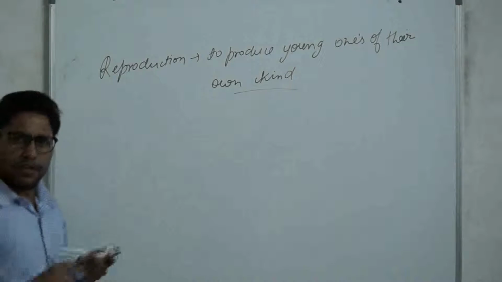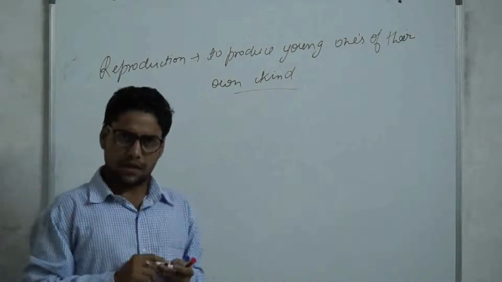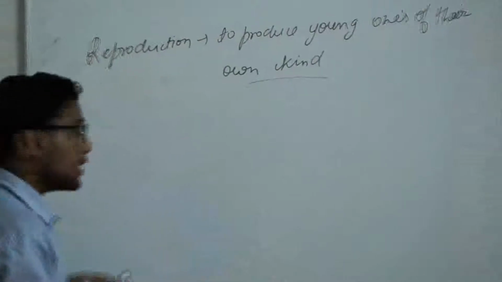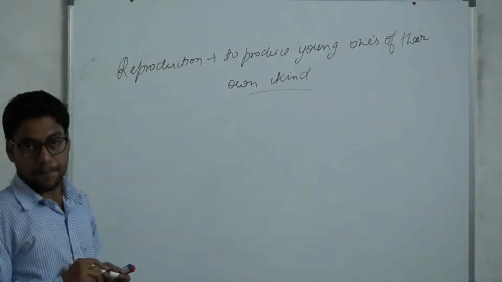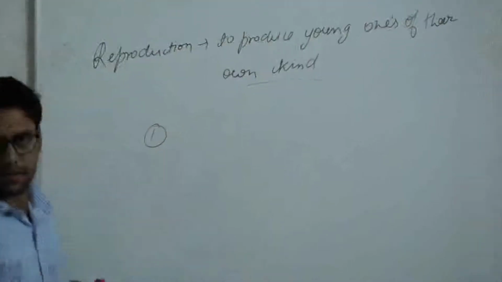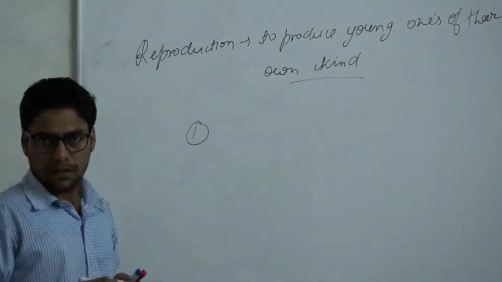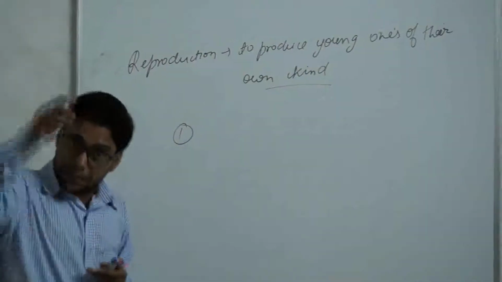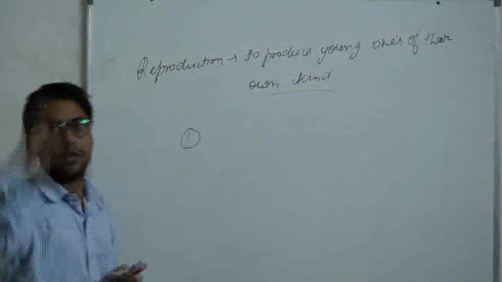So what is the need of reproduction, guys? What is reproduction meant for? Reproduction is meant for three things basically. And what are these? For continuation of generations and for existence of their species and also for evolution too.